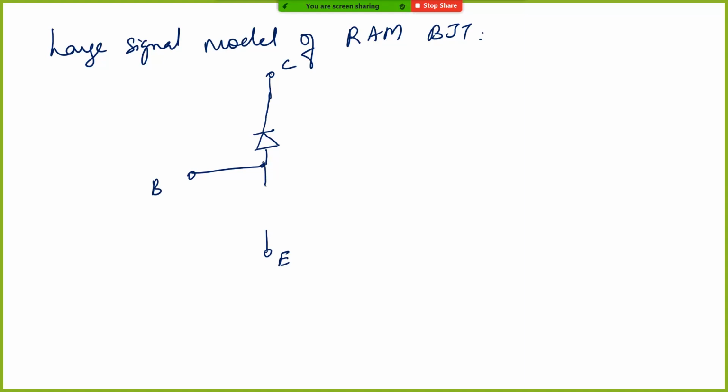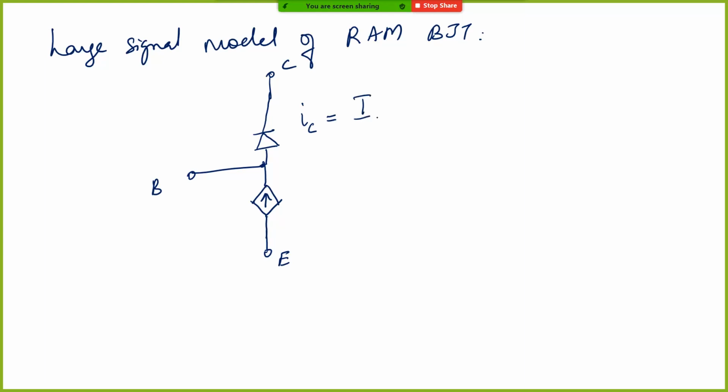Okay, and what can we say? We can say that there is a dependent current source which is going in this direction. You can see that the current direction is opposite to the forward active mode. And this diode current, IC, can be written as what?